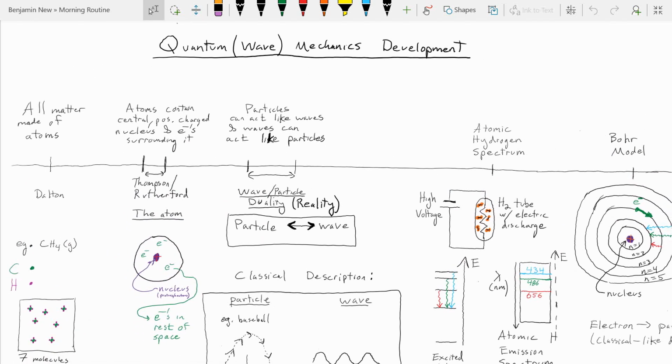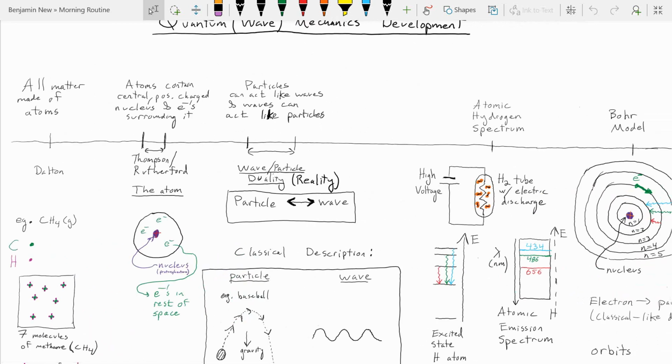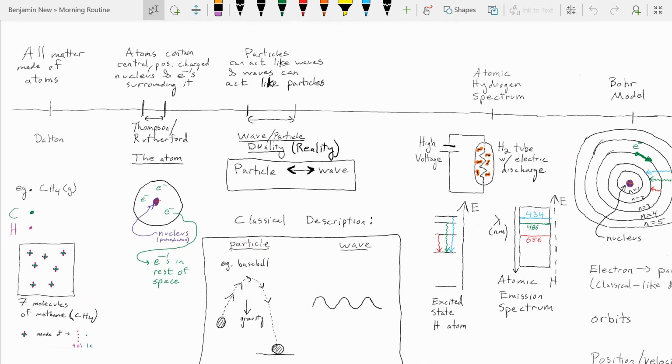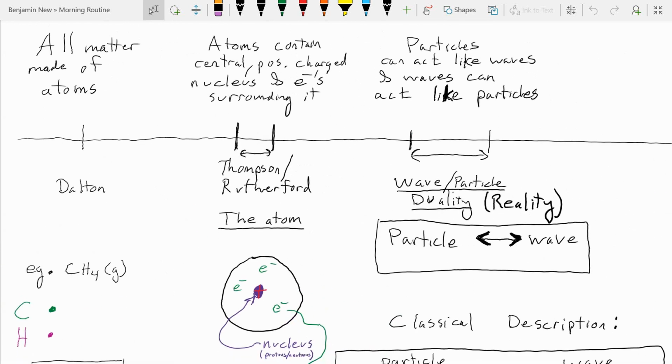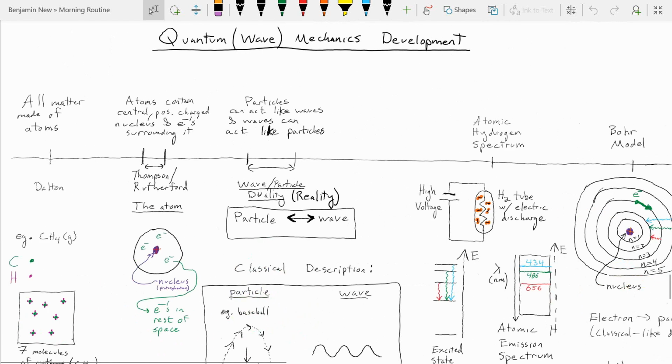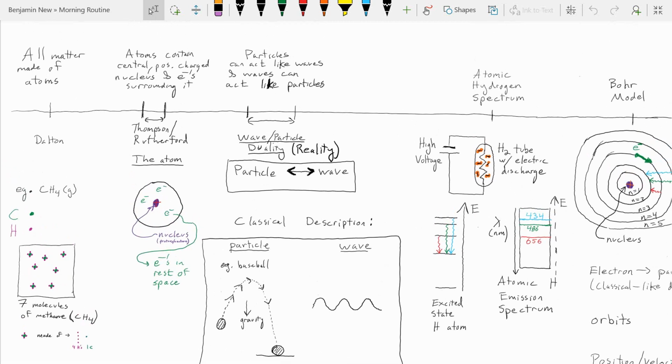Now, one of the first big discoveries in the nature of matter was the proposal that all of matter is made of what we call atoms nowadays. And this was done by Dalton back in the 1800s sometime. And basically, it just said that all of matter is made up of these things called atoms.